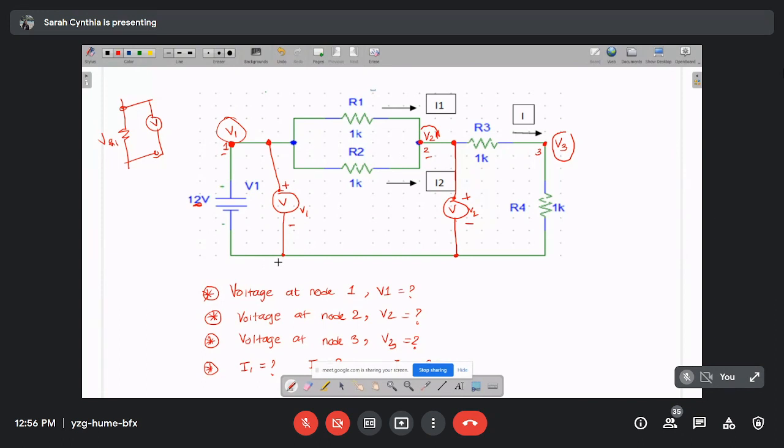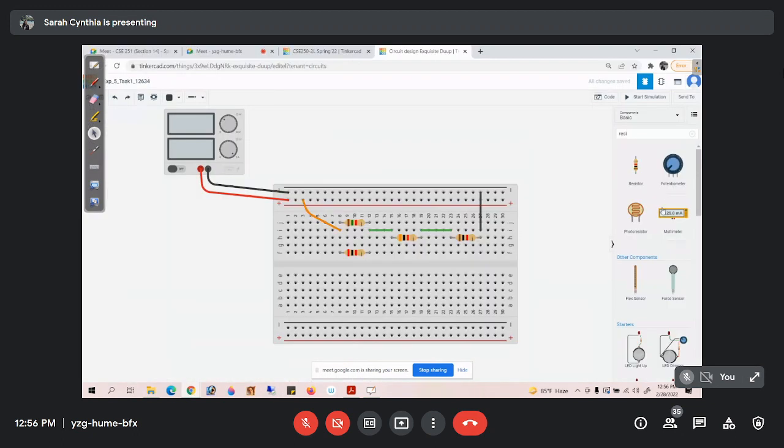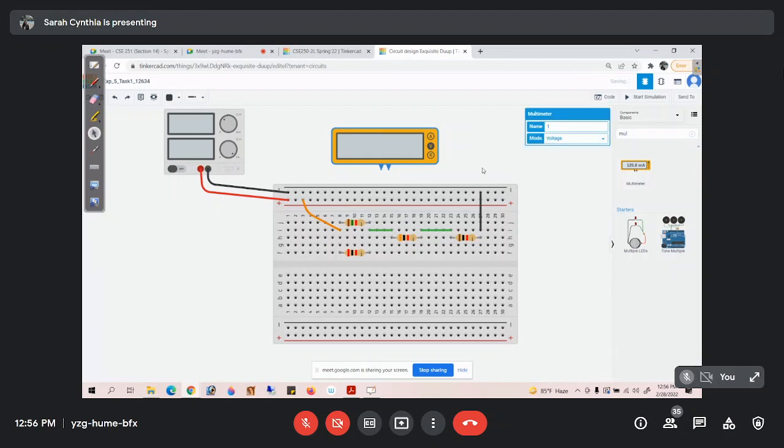Okay, so let us proceed in our Tinkercad. So basically what we are trying to do is place a voltmeter. In your library, you can just write multimeter. That will give you a meter that looks like this. A multimeter can measure different things.